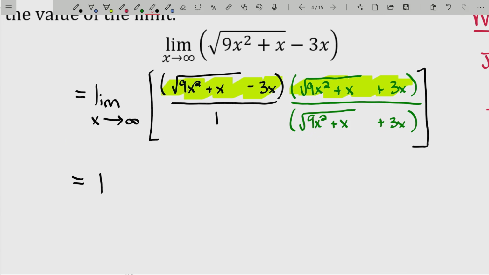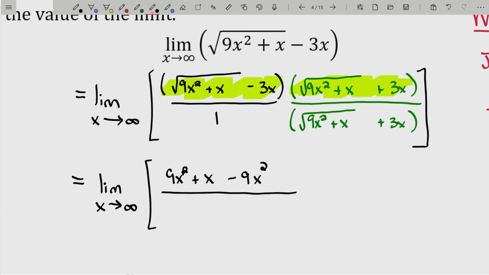And when you multiply conjugates, you should know they are actually differences of squares. So that numerator is going to be just 9x squared plus x minus 9x squared. You can double check my algebra there if you want to. Divided by the square root of 9x squared plus x plus 3x.